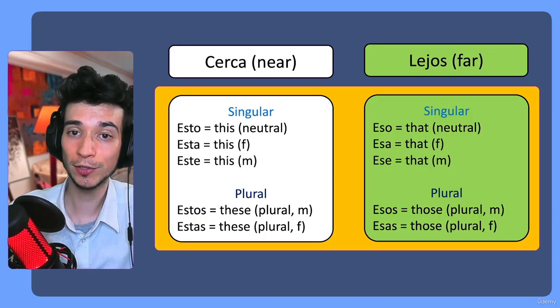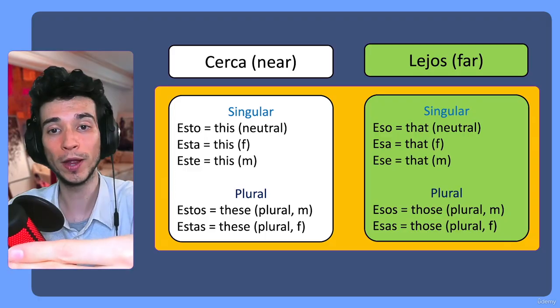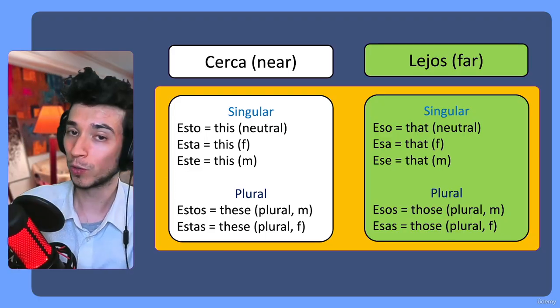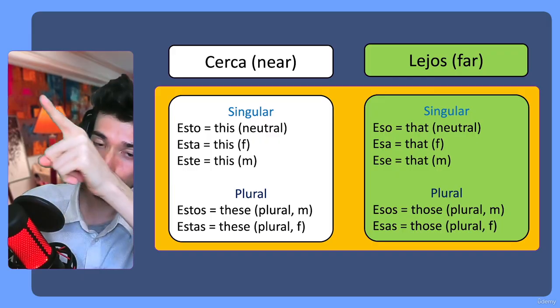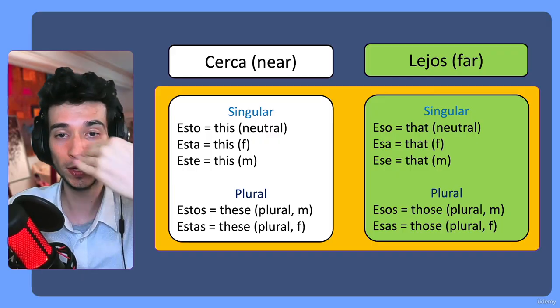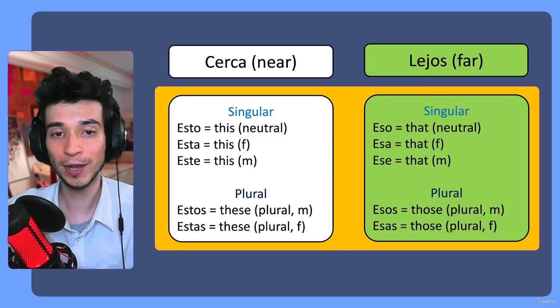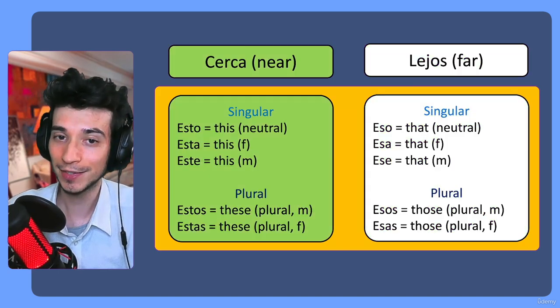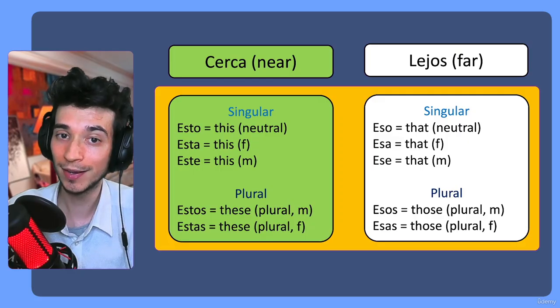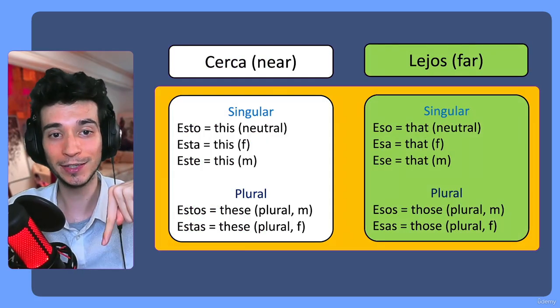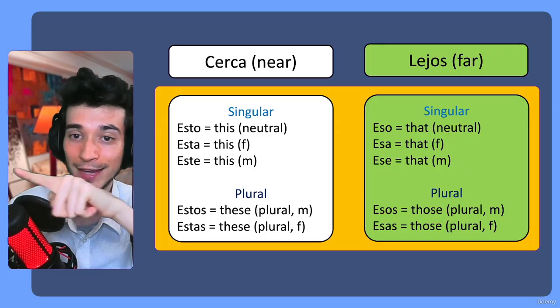And then we also have the far away ones. When something is far away, we would say that, or those over there. So when it's far, you have the same words as from nearby, except that you remove the T. So esto, which is this, becomes eso, that.